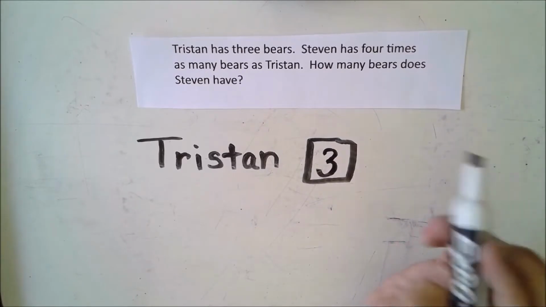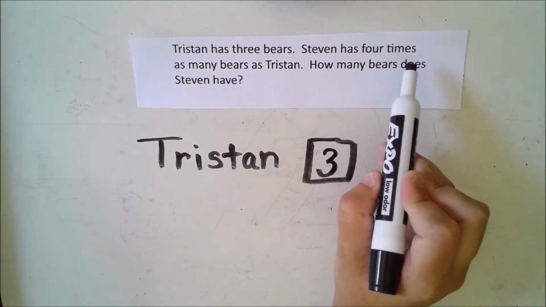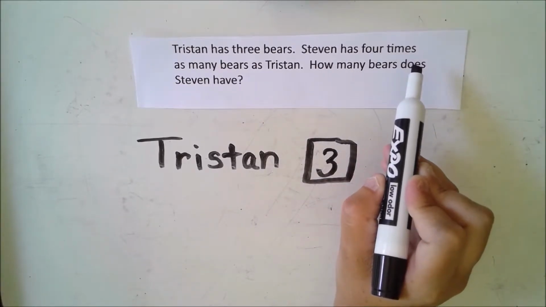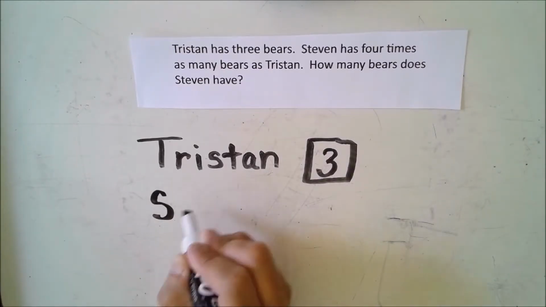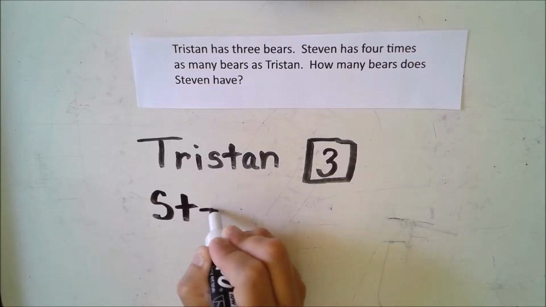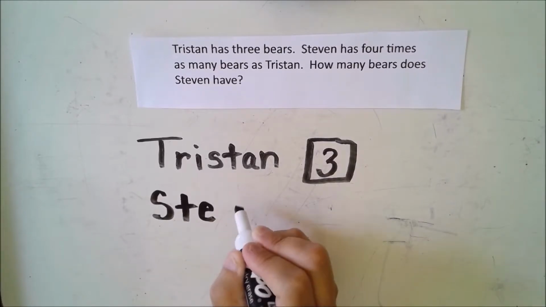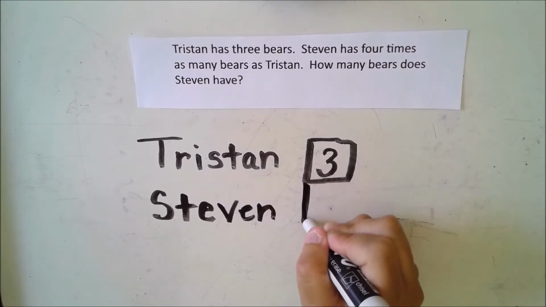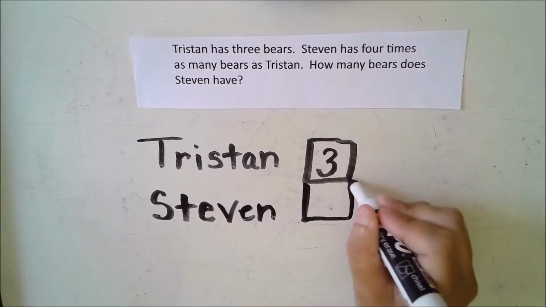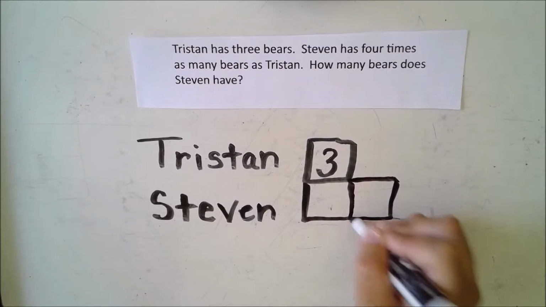The problem states that Stephen has 4 times as many bears as Tristan. Therefore, Stephen doesn't just have one box. Stephen has 4 times as many boxes. So we would draw 4 boxes to represent Stephen's amount.